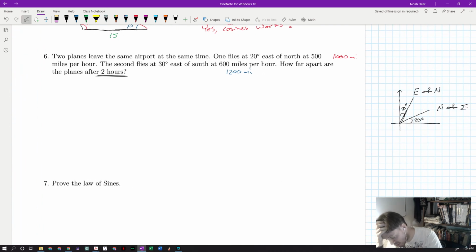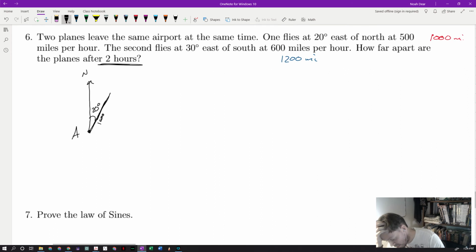So if I'm drawing this particular problem, I want 20 degrees east of north. I'm going to start, let's say here's the airport, and here is north, and I want it going for 1,000 miles at 20 degrees east of north. And then the second flies at 30 degrees east of south.